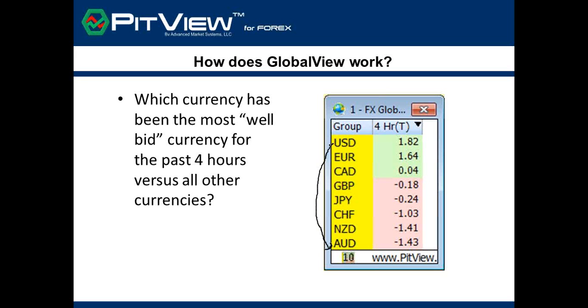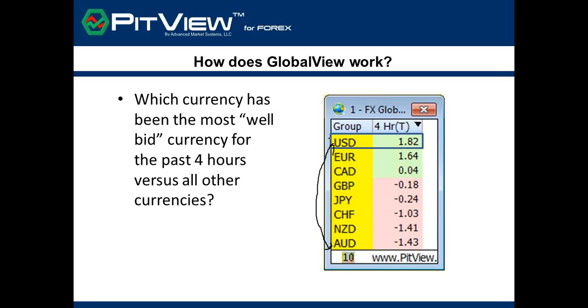In this case, you see the dollars on top and the Aussies on the bottom. So this is giving you a different view of it because it's telling you real time the market maker perspective. Now, when you look at this, the most well-bid currency over these past 4 hours versus all these currencies, this wasn't taken during the same time frame.